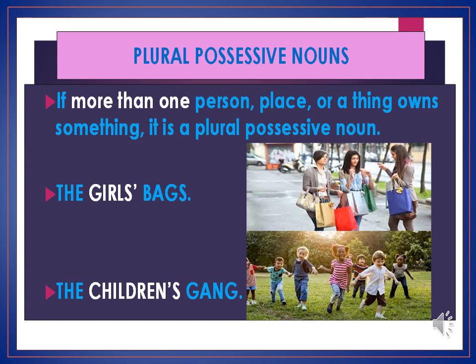And if a plural noun, children, is not ending with s, it is ending with n, we add an apostrophe first and then s. So this is a plural possessive noun. Possessive nouns show belonging of something, and in the first lesson we have learned the use of apostrophe in possession. We have already revised this.